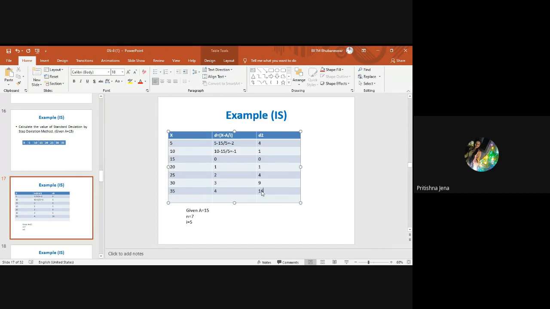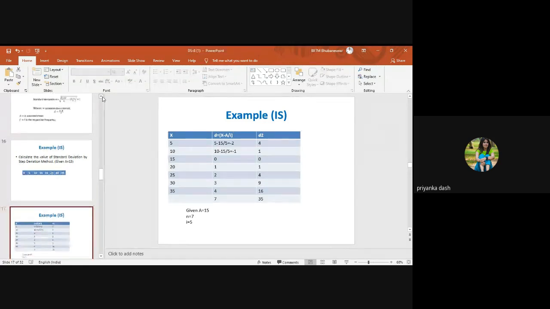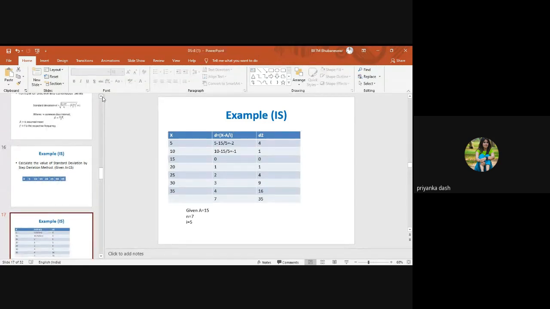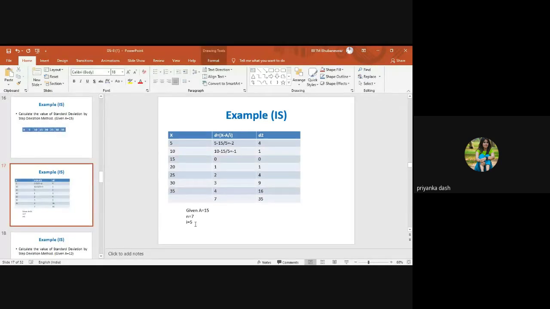As per the given formula, n is 7. Put the values in the formula of sum of d square and sum of d. This is the value of sigma, 2.